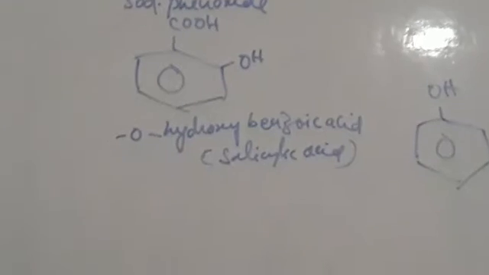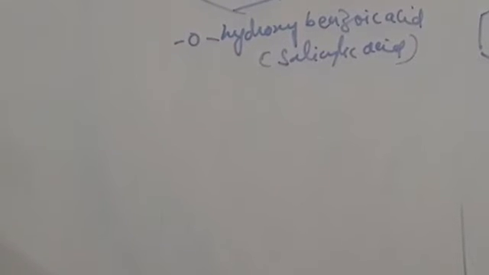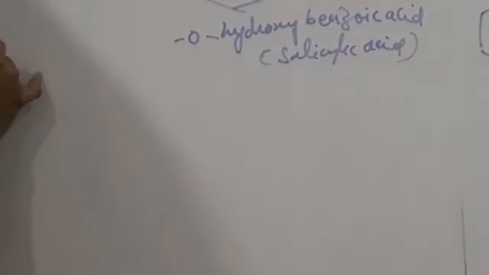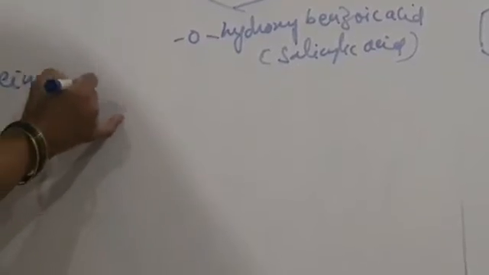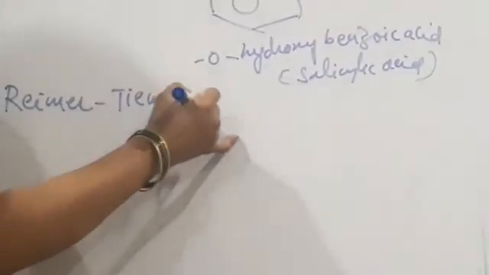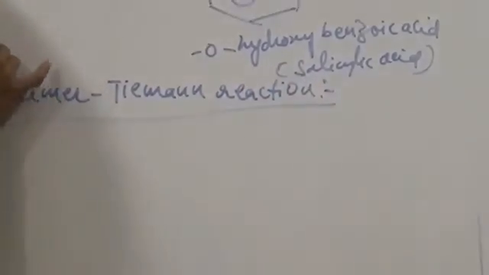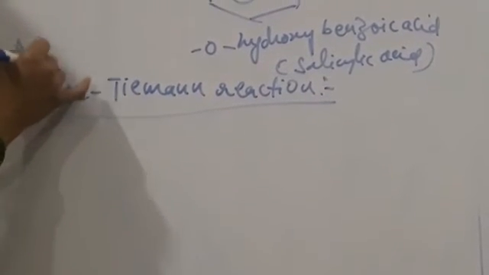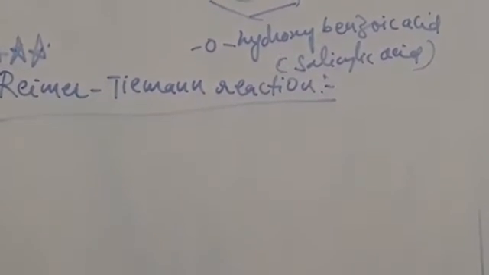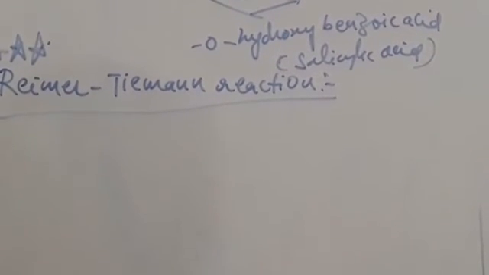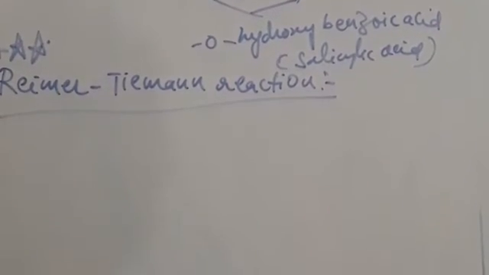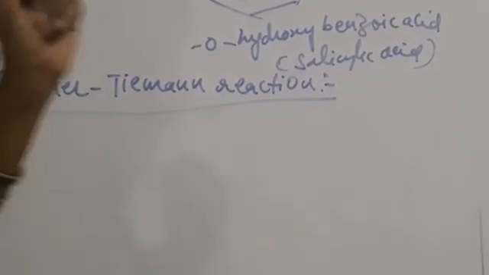And another important reaction, the Reimer-Tiemann reaction. All these named reactions are very important. So here phenol undergoes reaction in presence of chloroform and a strong alkali like sodium hydroxide.